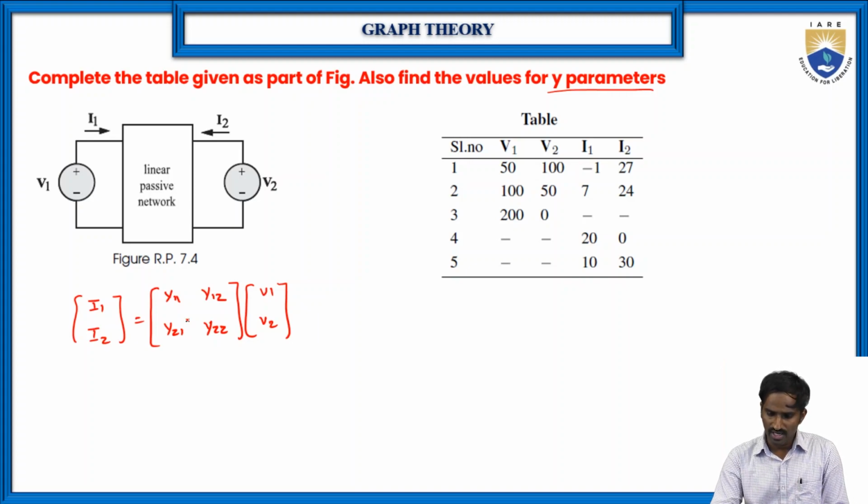Just to substitute the values here, let us consider the first two rows. In the first two rows, I1 has two values, I2 also has two values, and similarly V1, V2 also have two values.